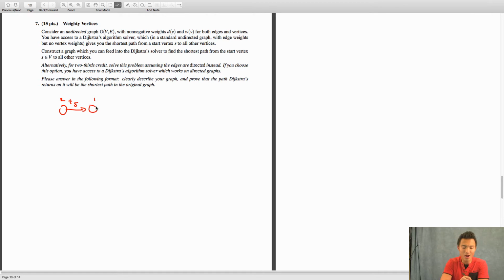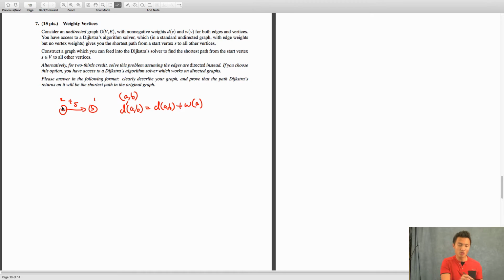So for all edges A and B, the distance of A and B is going to be equal to the distance of A and B from before, so distance prime, plus the weight of A, right? So this is going to force, if I visit A to B, when I visit B, I'm taking into account the weight of A that I'm using.